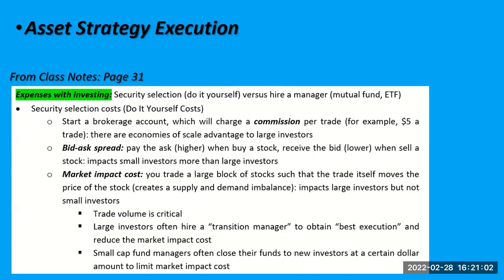If they knew Fidelity was going to buy a bunch of shares, you could buy them before. There was one firm we talked to whose investment strategy was 100% front running another firm. Obviously, Fidelity's going to say, we don't want you to do that. That doesn't help us any. So anyway, that's expensive with investing if you're doing it yourself.